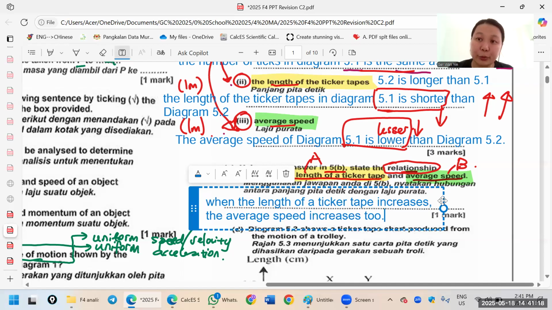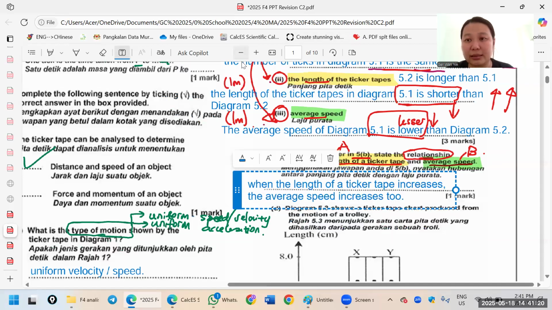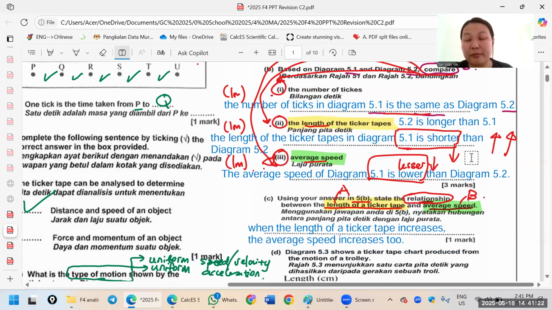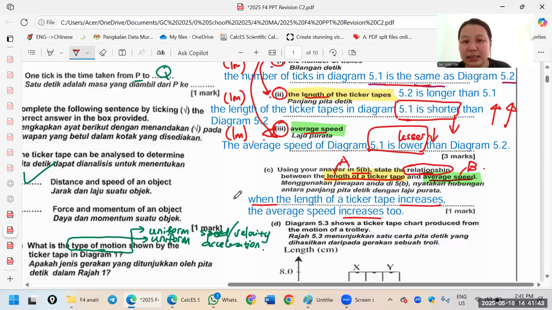So this is the relationship format. Okay. Yeah, if you want to say the greater the length of ticker tape, the greater the average speed, still can. Just I encourage you to use this sentence lah. When something increases, another increases too, or increases or decreases. And this is a sentence I like to use lah.